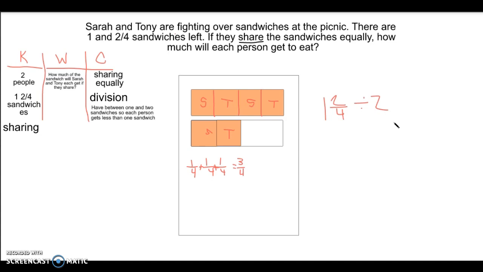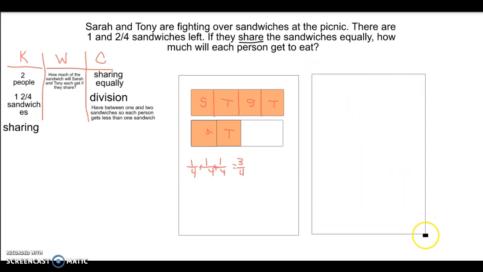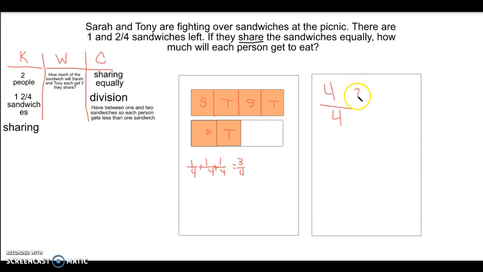Now, ultimately, students will be solving this 2 ways. So if I were sitting in a 5th grade math class at Purple Sage right now, I would be getting my paper ready, drawing another little box here, and solving this a second way. Maybe I turn 1 2/4 into 4/4 and 2/4. Sorry, little brain malfunction there.